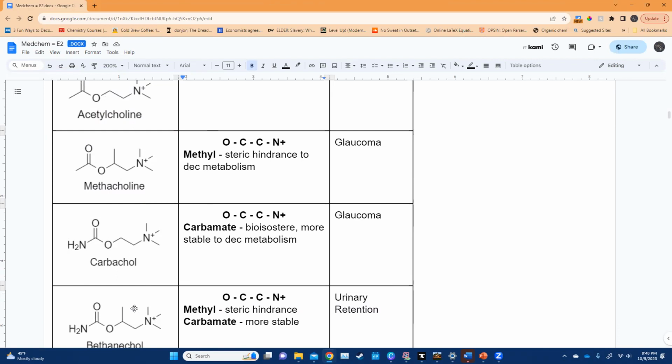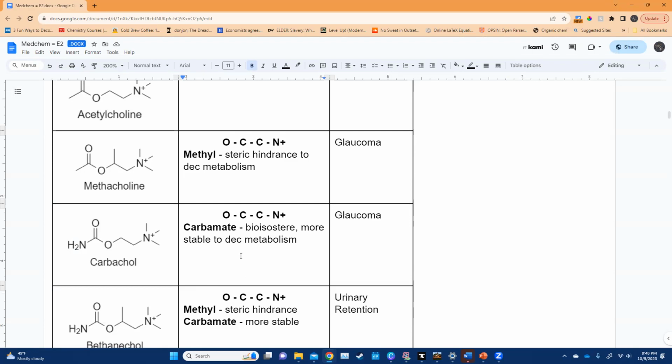Exactly. So he's not going to ask you, what is the half-life of a drug? He's going to say, which one has the longer half-life? What does it have to do with stability? What would it have to do with duration of action?